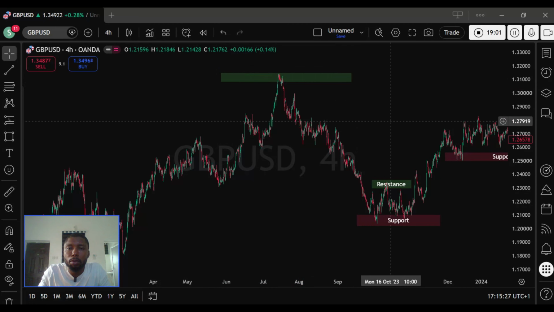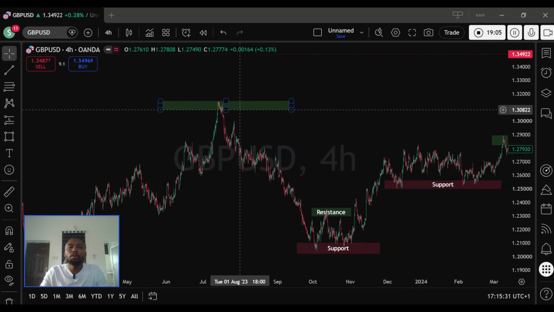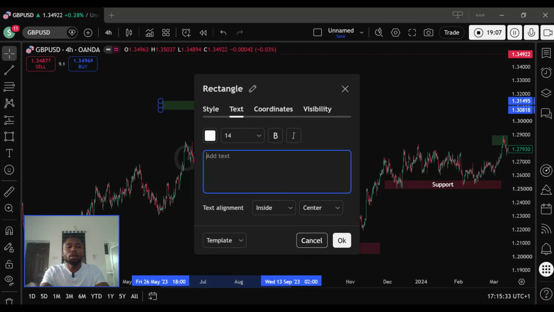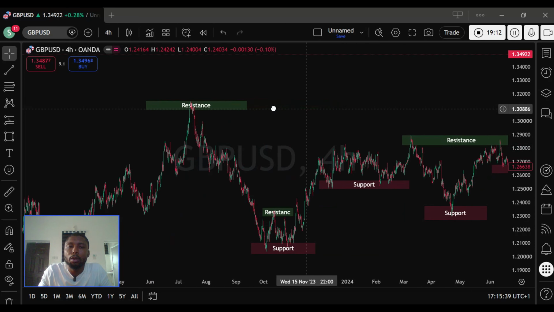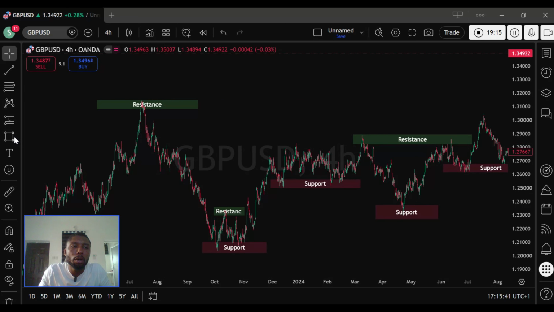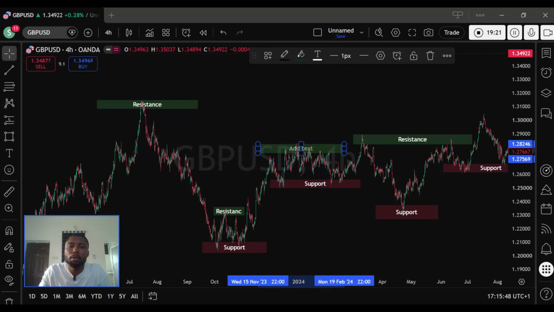They're very easy to plot. You don't need to be a guru. Resistance, very easy. So we said there was a support here, then of course this is a resistance.